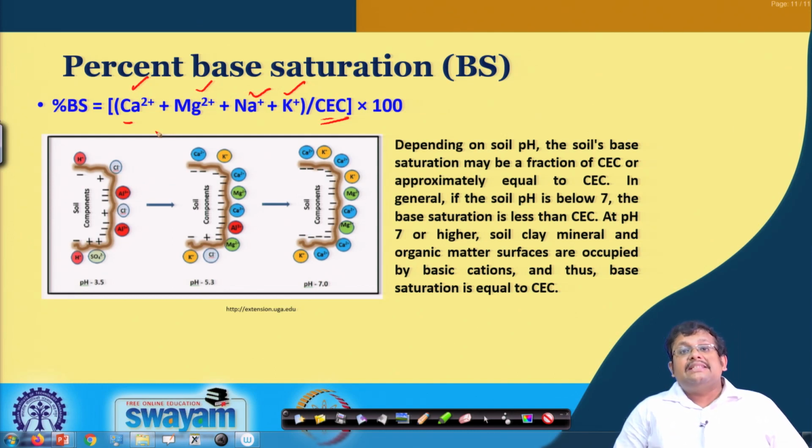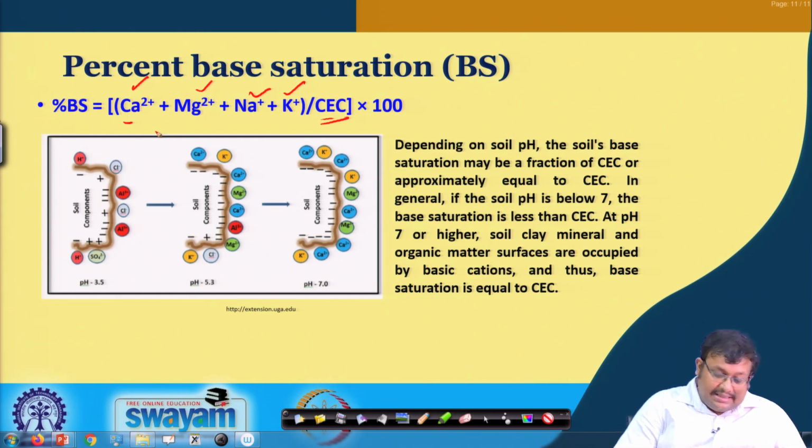Now, at pH 7 or higher, soil clay minerals and organic matter surfaces are occupied by basic cations, because in the alkaline condition the CEC will be more dominated by the basic cations, and thus base saturation is equal to the cation exchange capacity.